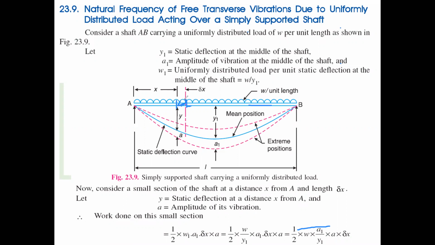This is the small strip. To find the total shaft, we may find only the small strip.